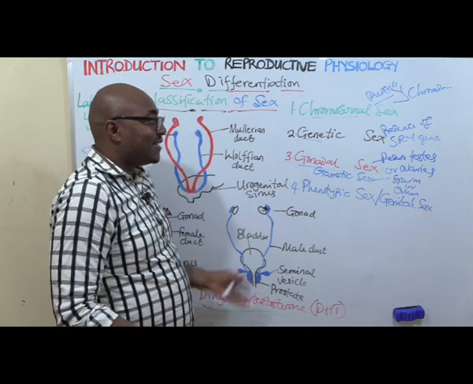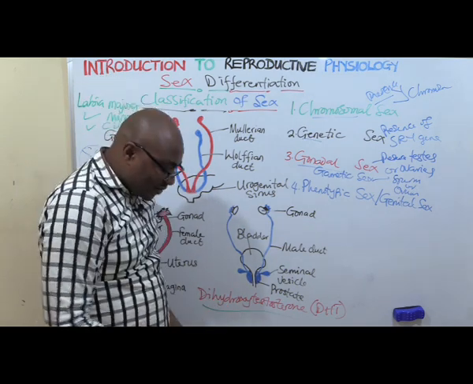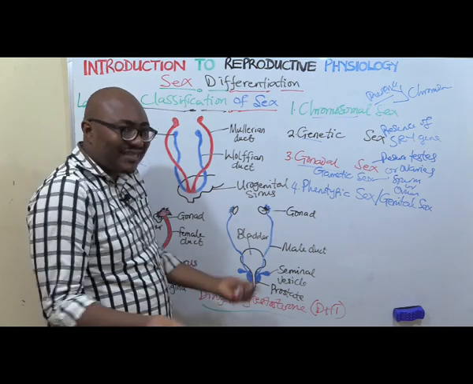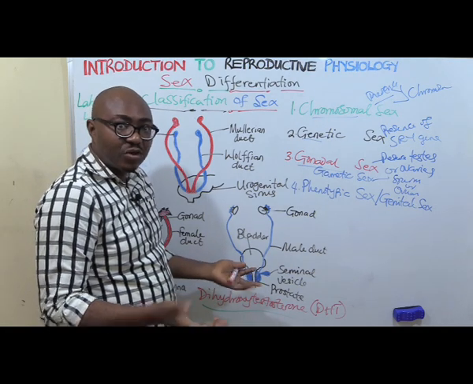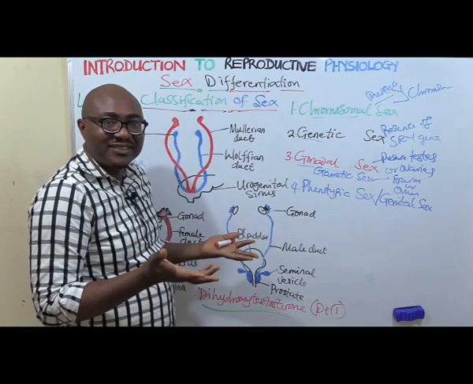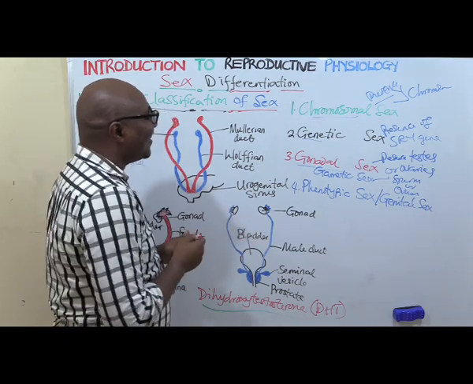But externally, phenotypic has to do with appearance. So by appearance, if parents give birth to that child, they will think the person is female until the person reaches puberty and will not menstruate because the person does not have ovaries, does not have a uterus.